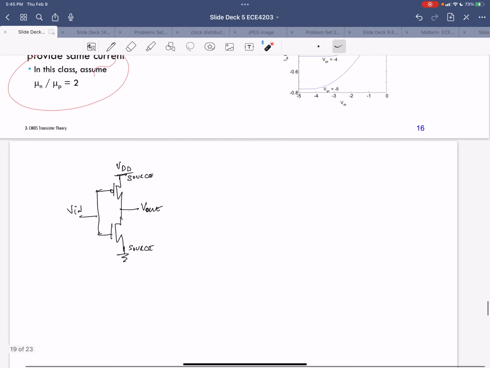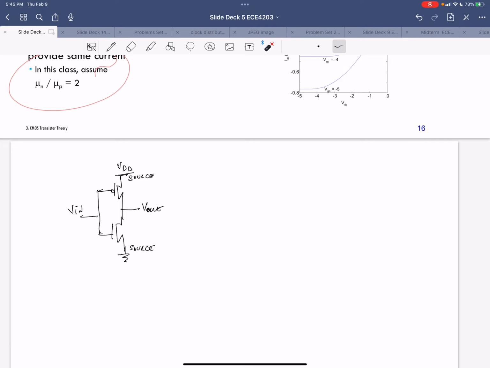But then also as you transition from on to off, if I draw Vn on this axis and V out on this axis, what happens is that at very low values of Vn, let's say Vn is less than the threshold of the NMOS, the NMOS is going to be off and the PMOS is going to be on.